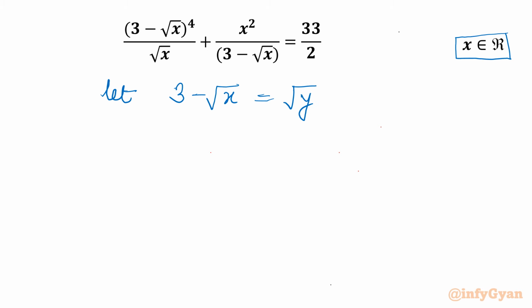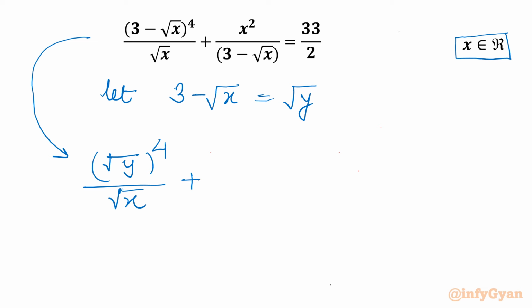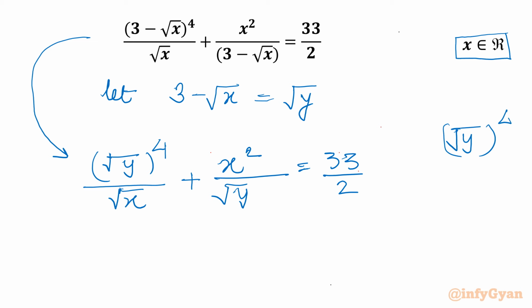Let's apply. So I will be writing here root y whole power 4, divided by root x. So it will be root y whole power 4 over root x plus x square divided by root y equal to 33 over 2. Now root y whole power 4, we can write it as y power half whole power 4.